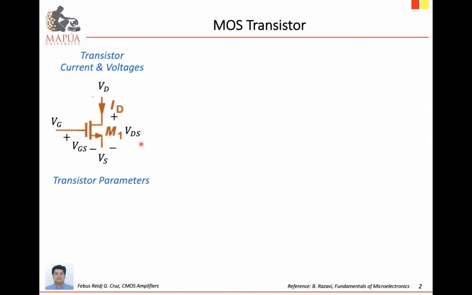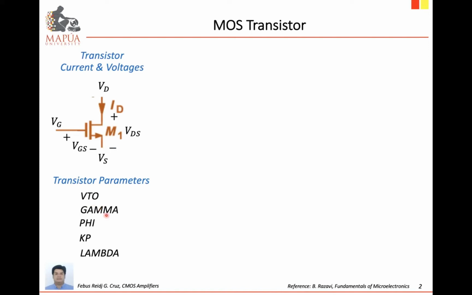Then for the parameters of a MOS transistor, we have VTO, gamma, phi, Kp, and lambda. VTO is the threshold voltage when VSB, or the source to body voltage, equals 0.